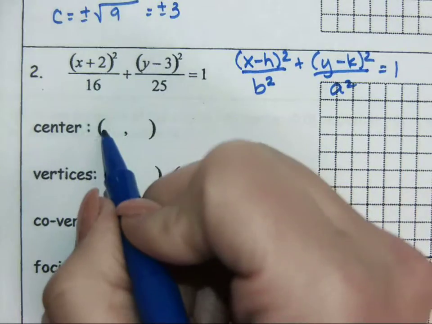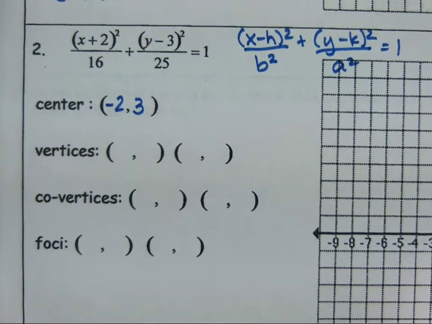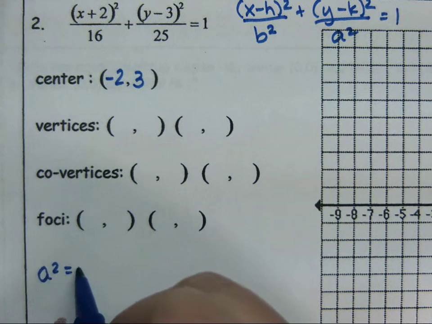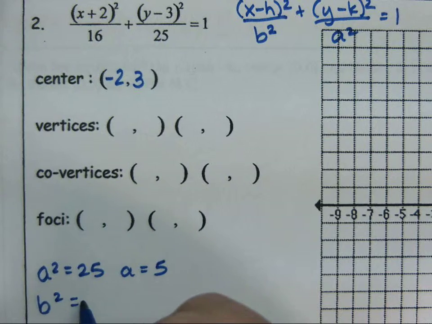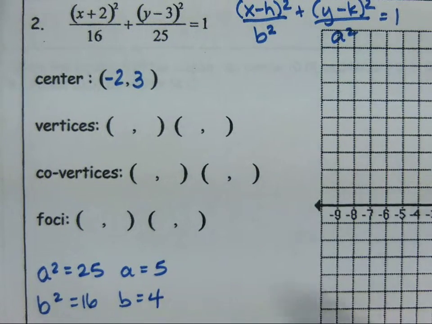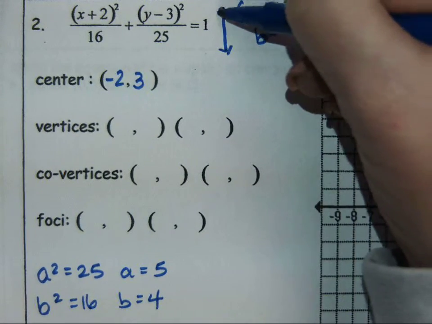So now my center is at (negative 2, positive 3). And when I look at this, my a squared is 25, so a is 5. My b squared is 16, so b is 4. But now, because my denominator is larger underneath the y, I'm going to be graphing a longer y this way.